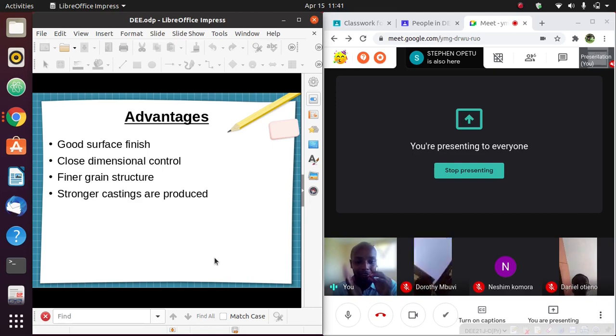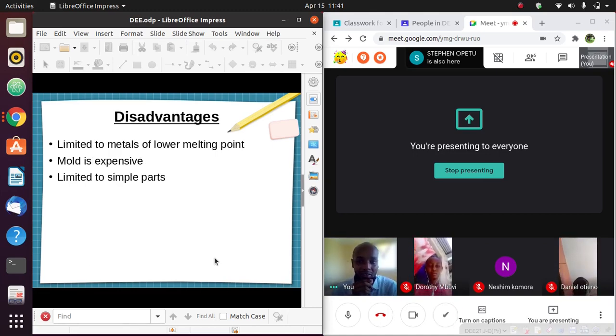The level of fineness of my grains will be dependent on how well I do my job. If I do a very good job, then my casting will be perfect. If not, it will be bad. For that reason, the castings that are produced in permanent mold casting are of better quality, are of better standards as compared to those of sand casting, so they are therefore stronger. Are we together?